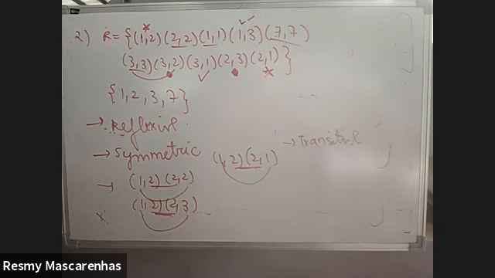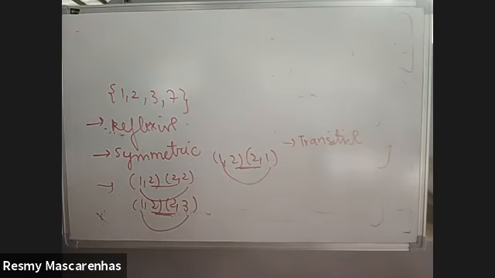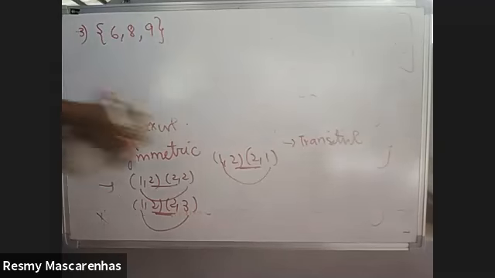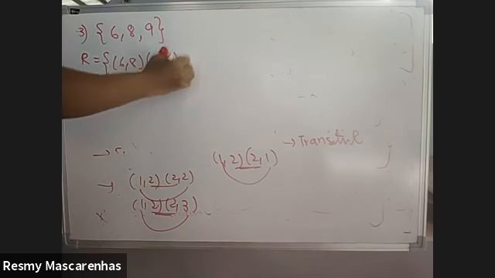In the third example, third problem, the set is 6, 8 and 9. The relation is given as 6, 8, 6, 9.